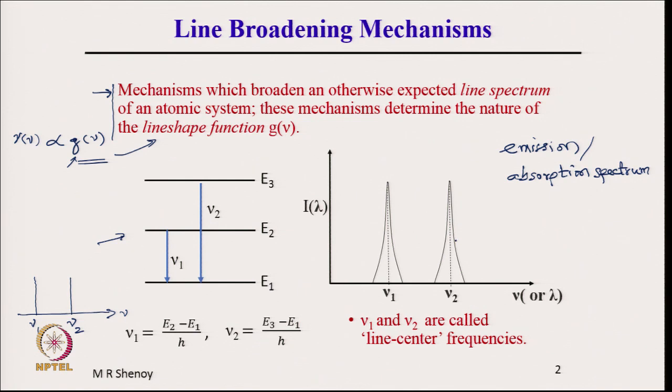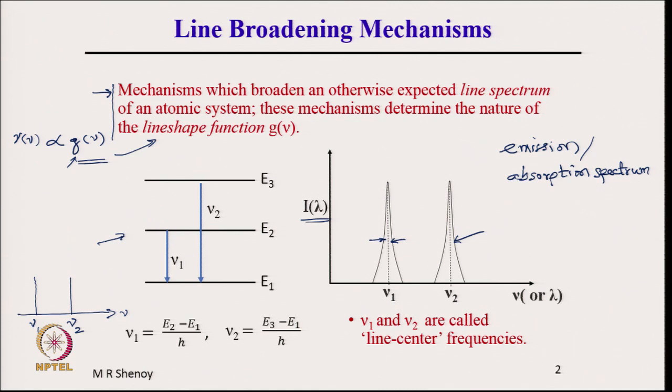That is shown here: in the spontaneous emission spectrum or the absorption spectrum, you see a finite range of frequencies or wavelengths over which emission takes place, or the light intensity is distributed over a range of frequencies centered around the frequencies nu 1 and nu 2.